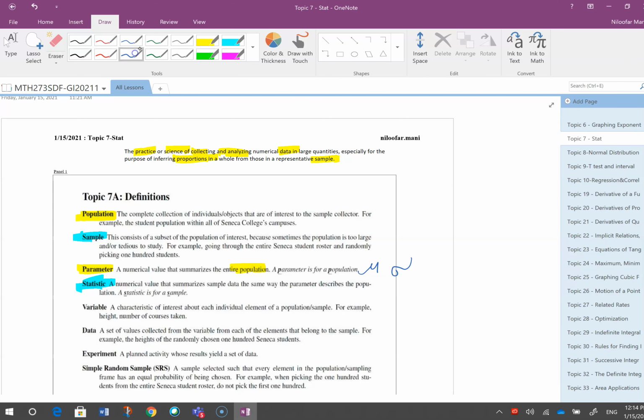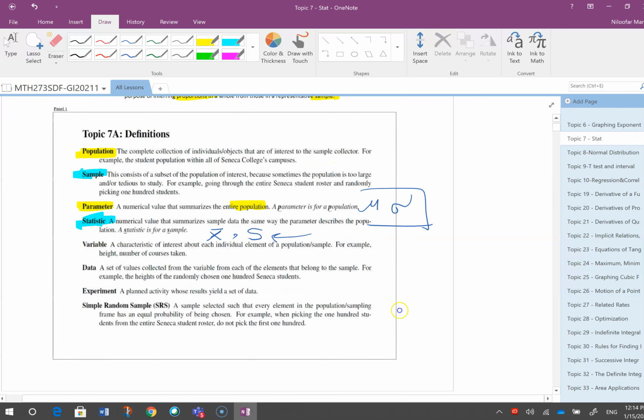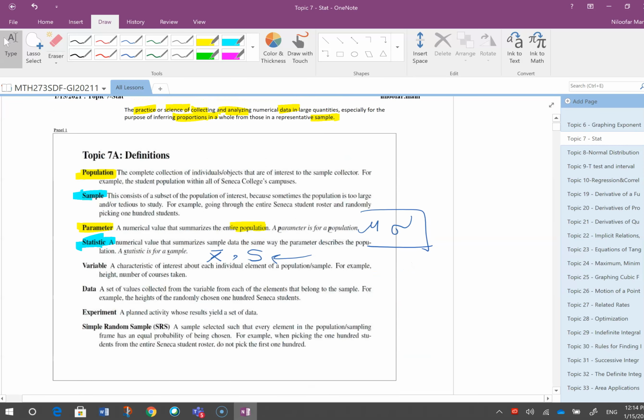For example, if I say mean, I am talking about X bar, and for example, the standard deviation is S. In most cases you work with a sample, so we show this one because the whole population is not with us.